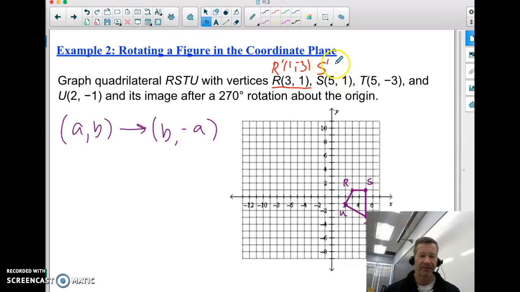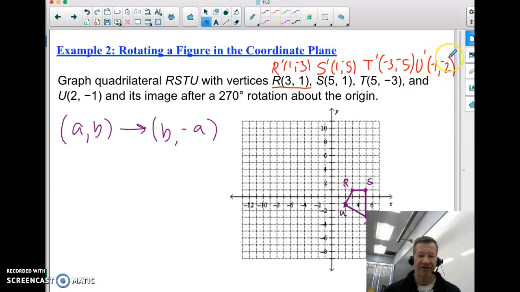S prime, again, switch them around, (1, 5), and then make the y-coordinate opposite, just like that. Point T moves to T prime, switch them around, (negative 3, 5), make the y value opposite. And then the last one, U prime, (2, negative 1), switch around to (negative 1, 2), and make the y value opposite.